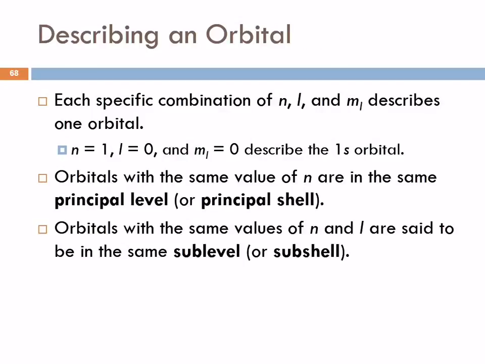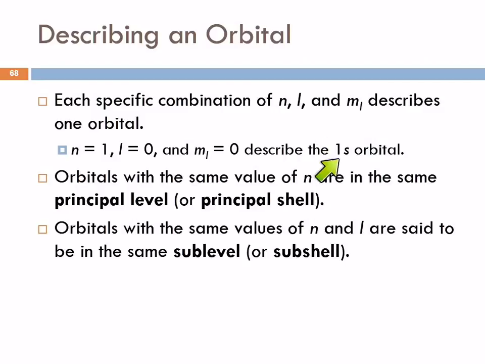So the idea here is that each orbital can be described by a set of quantum numbers, and each electron in an atom will have its own unique set of 4 quantum numbers. If we have quantum numbers n equals 1, L equals 0, and m sub L equals 0, this describes what we often refer to as the 1s orbital.